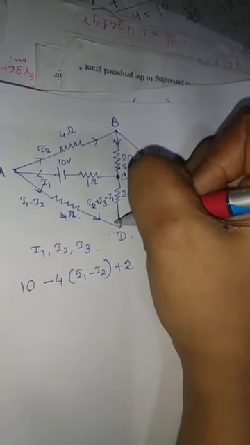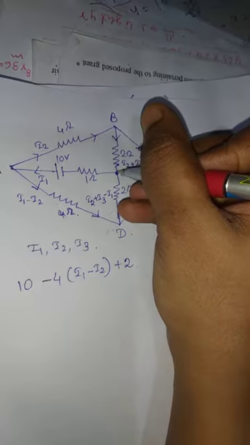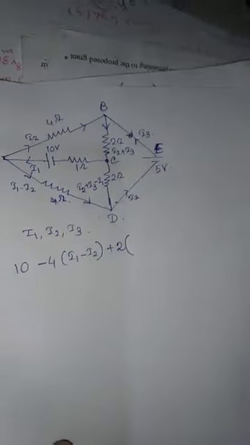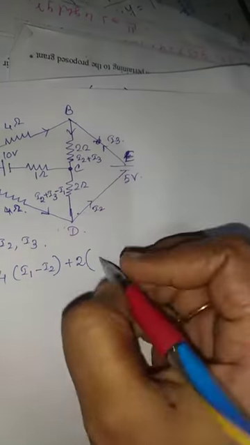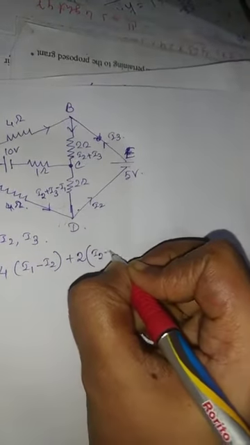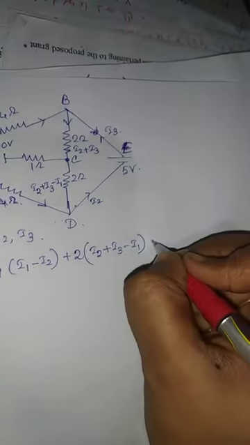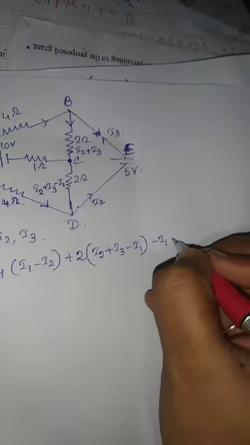Here another current is coming and the assumed current is in this direction. That's why I may consider the opposite thing as well, plus minus I1, that is equal to 0.